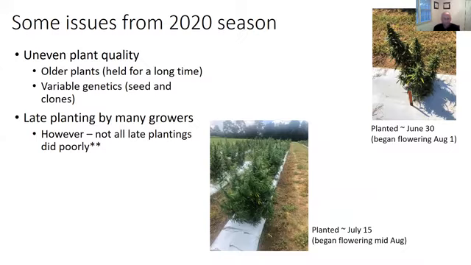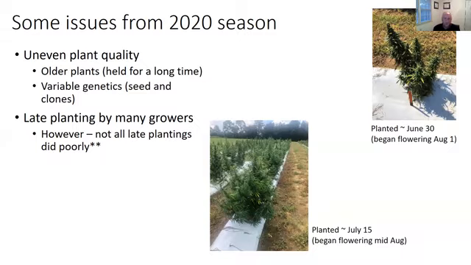And this was interesting. Not all late plantings did poorly. Some of them did. It may be variety dependent, conditions, or it could just simply be older clones. For example, I received some clones from a company out west in late June. I planted them around June 30th or so, and that's the top right picture on the slide.